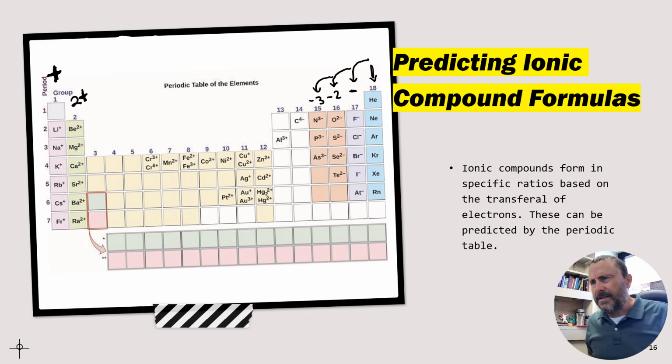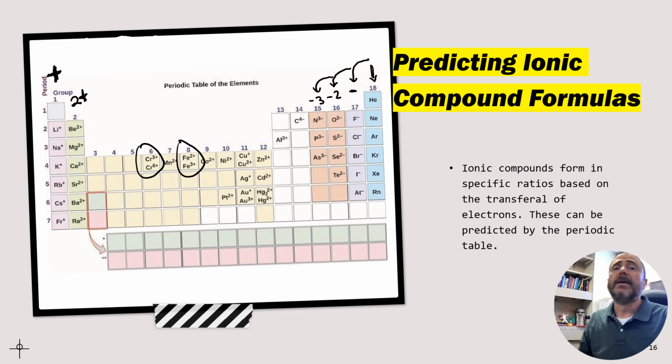There are some other ones out there. Notice that a lot of the transition metals have varying charges, so they're really hard to figure out exactly what they can be, because they have what we're going to call varying oxidation numbers. They don't always like to lose a certain number of electrons. Sometimes they lose one number, sometimes a different number of electrons.